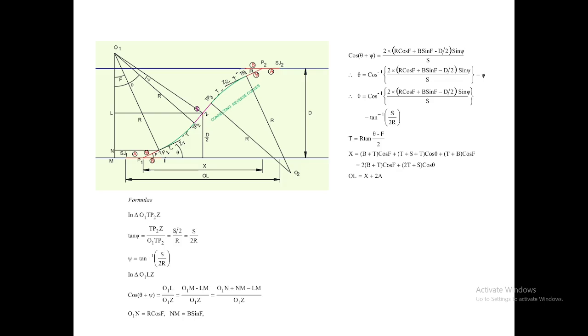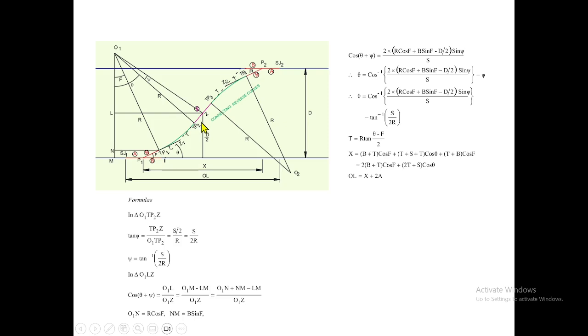As usual, we should try to find out the distance x for fixing the layout. For finding out x, again we make some triangles and find all the horizontal distances, and add everything. But here again we have to find out the tangent length of this curve and of this curve.